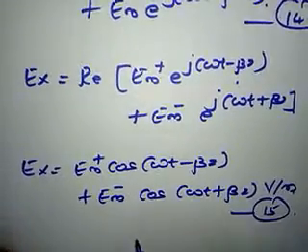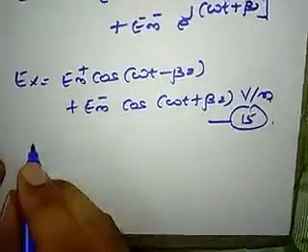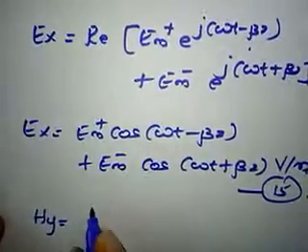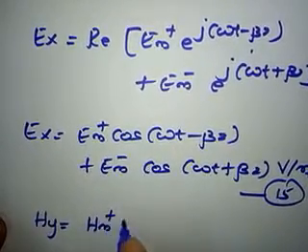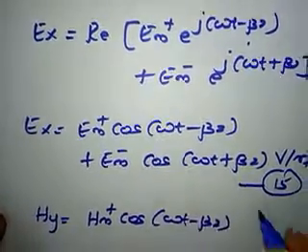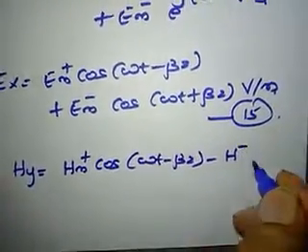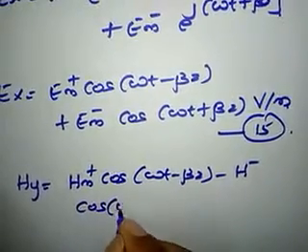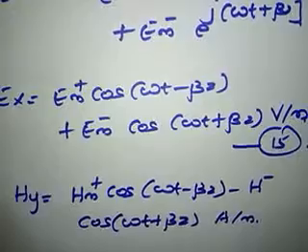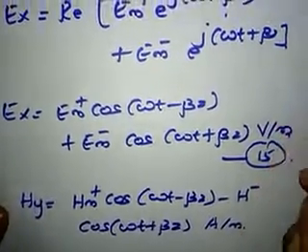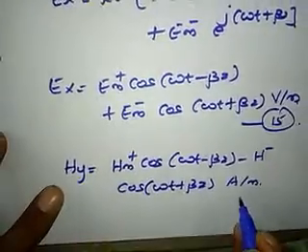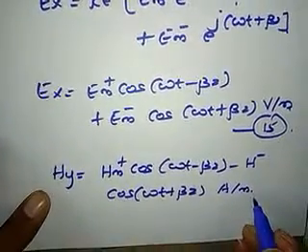Similarly, I can write for H, which we know is in the y direction: Hy is equal to Hm plus cos of omega t minus beta z minus Hm minus cos of omega t plus beta z ampere per meter.